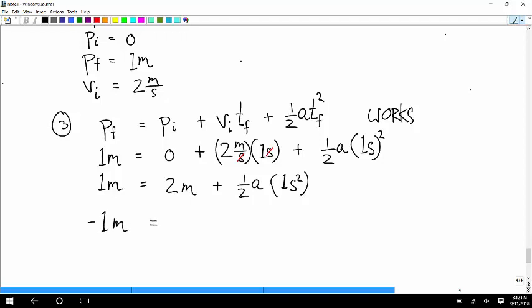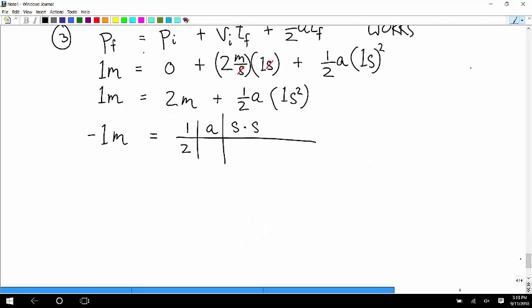is equal to, and now I'm going to use that other notation. So we have 1/2 times a times seconds. And I'll multiply both sides by 2.